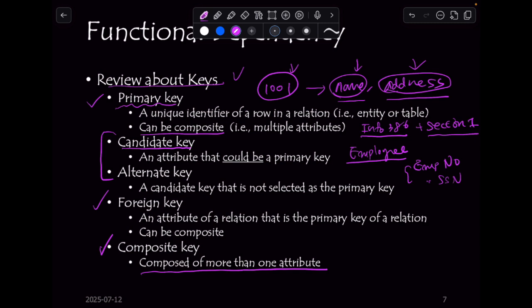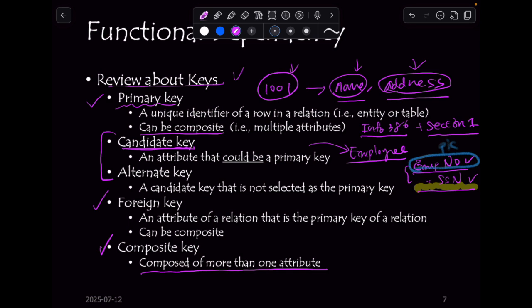Then we may choose either employee number or employee SSN as a primary key. So suppose we chose employee number as the PK. Although SSN could be a primary key, we did not use it as one. Then how do we name this? Both of them, employee number and SSN, are candidate keys. So we have two candidate keys in this example.